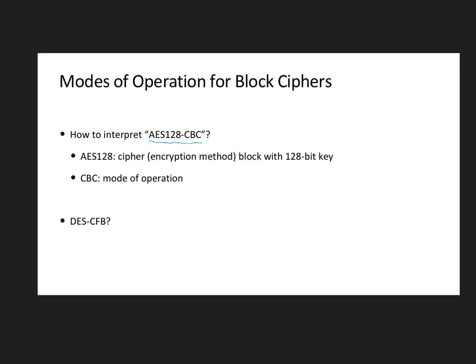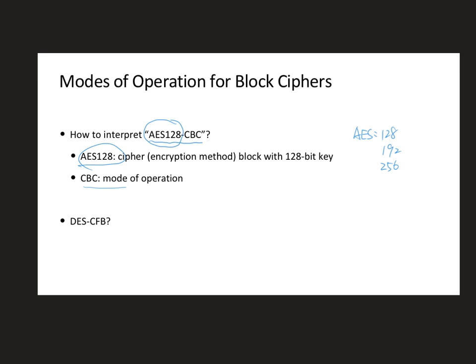In the first part, AES 128 means the encryption method, or the cipher, and its block size. Since AES has three different options for the block size, one option is 128 bits, then 192 bits, or 256 bits. So here AES 128 means the block size is 128 bits.